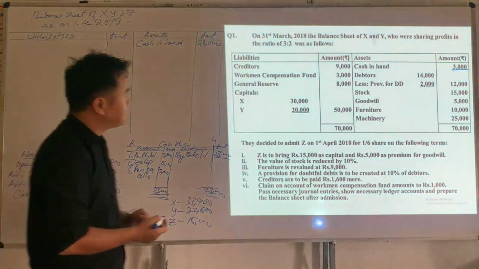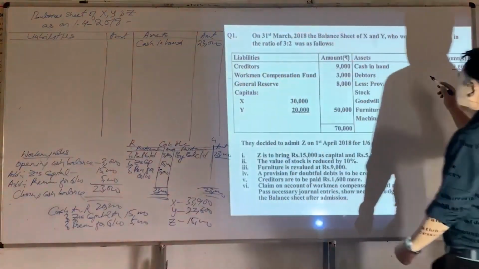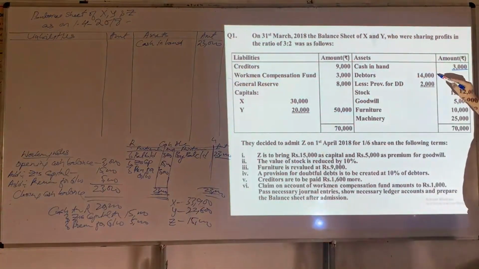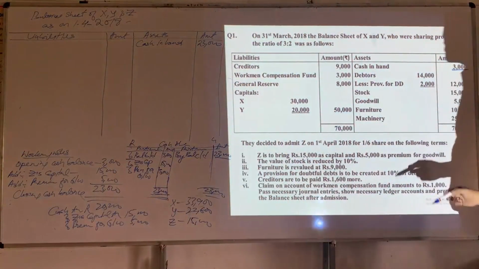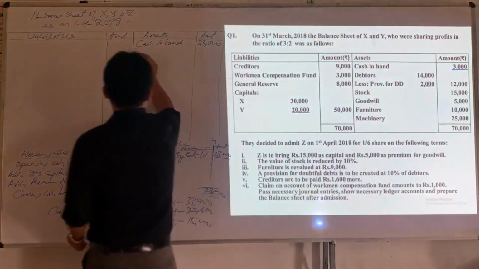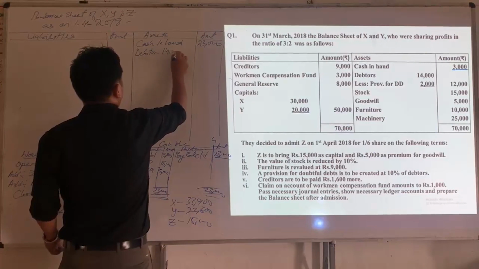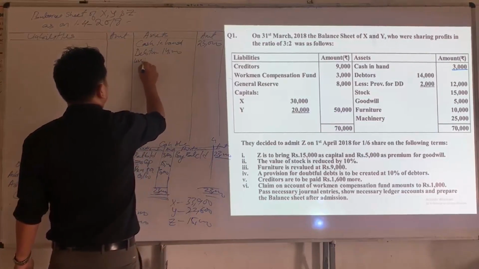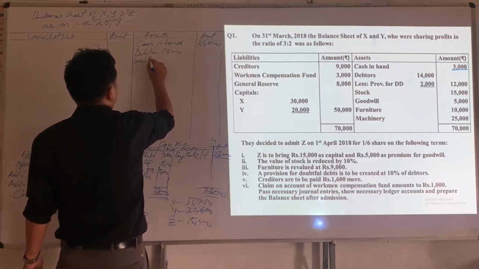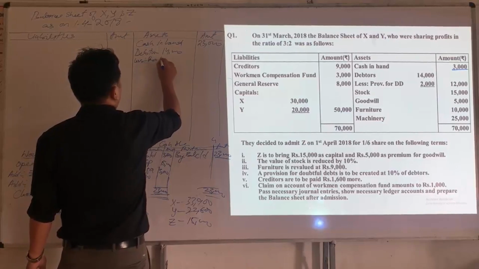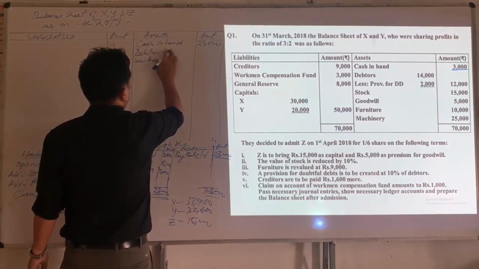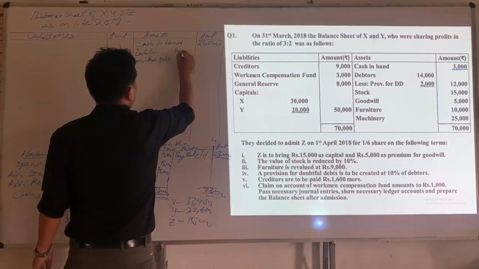Okay. Now look at debtors. Here the amount of debtors is 14,000. From debtors we have to deduct the new provision for doubtful debts.